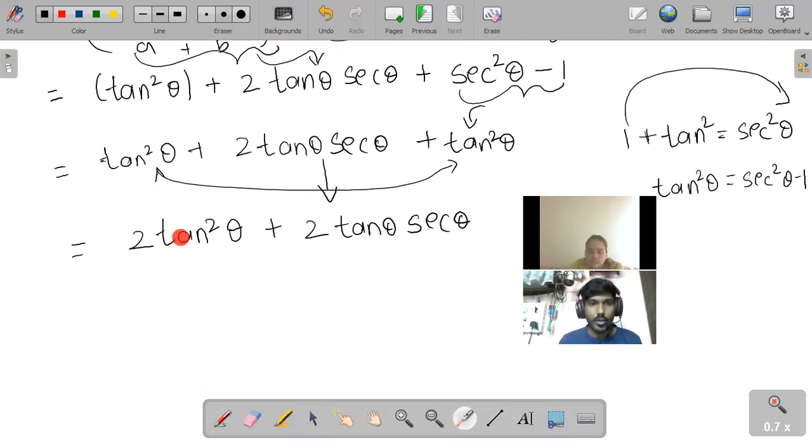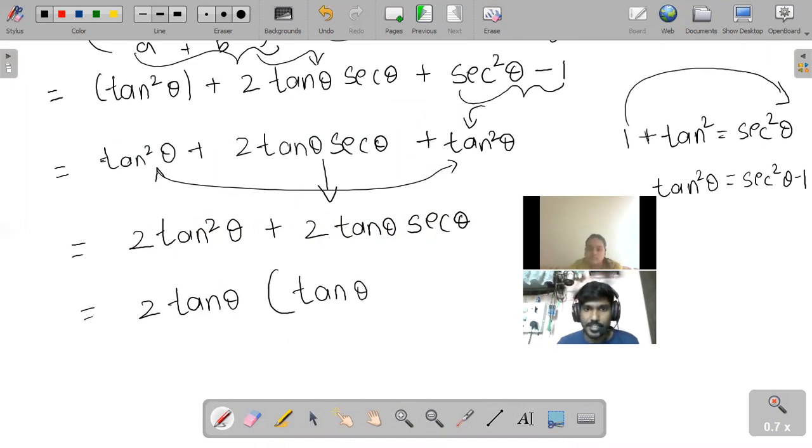Now, what can you see common in this term and in this term? 2 tan theta is common. So inside the bracket, we took out tan theta, not just theta, tan theta. So here you'll have tan theta plus sec theta inside the bracket.